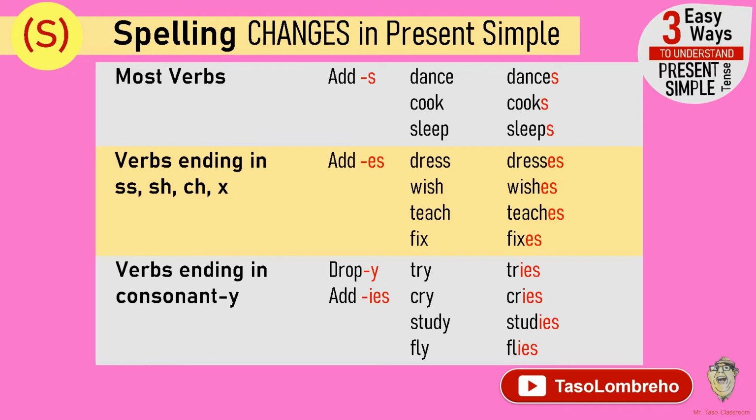While verbs ending in consonant y, you will drop the y and then add ies. So try, for example, will become tries. Cry will become cries. Study will become studies. And fly becomes flies.